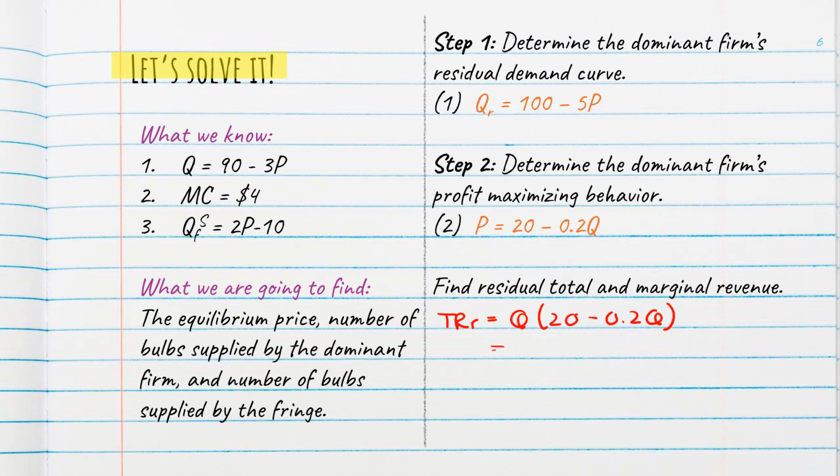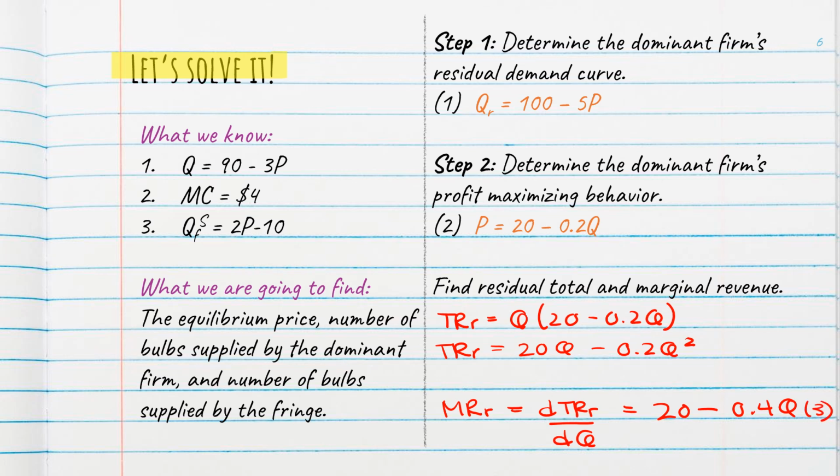So we can rewrite that as 20Q minus 0.2Q squared. This is our standard method for finding total revenue from an inverse demand curve. And then from here we can find marginal revenue. That's the derivative of our total revenue with respect to Q, which is 20 minus 0.4Q. So we have now found residual marginal revenue, and we can call that equation 3.